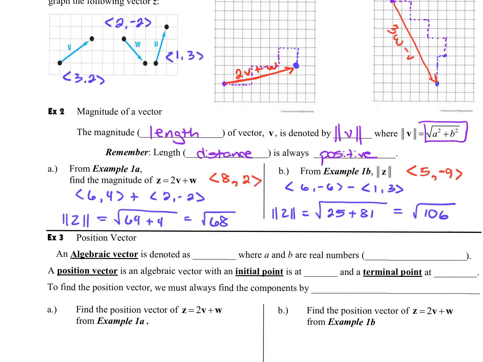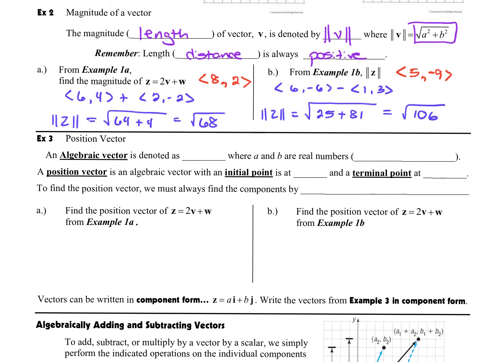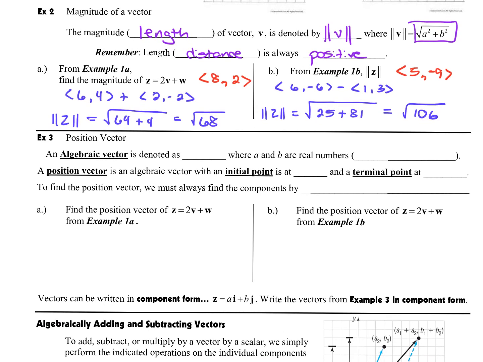Okay? Now, a position vector is essentially what I just found up there above. Okay? So a position vector has two different kind of ways that we can think about this. So our algebraic vector is what I was doing up above, and it's denoted this AB, where A and B are real numbers.